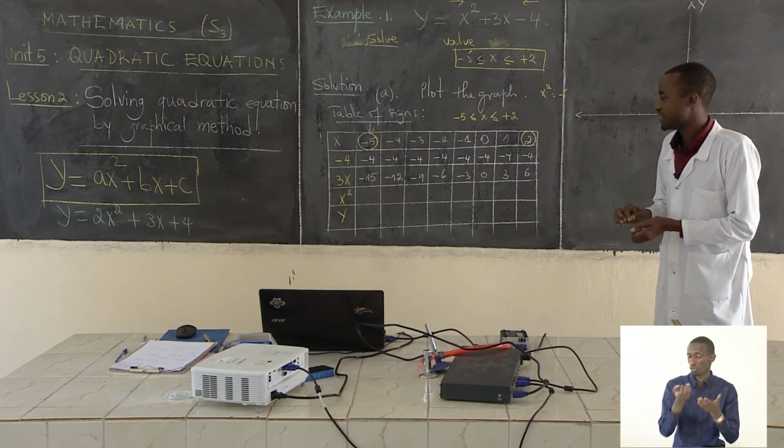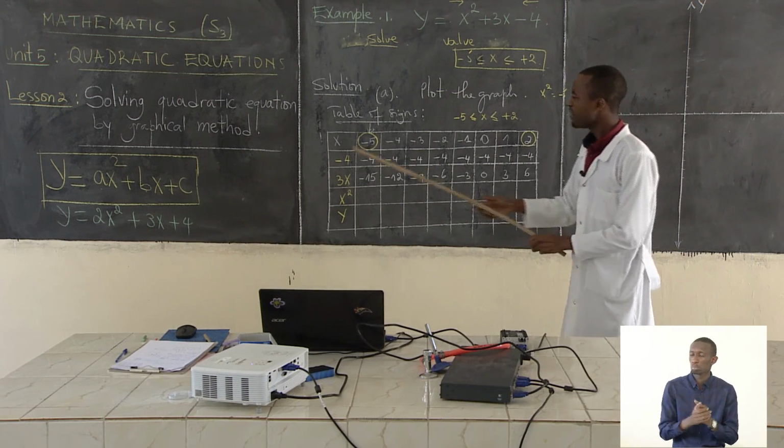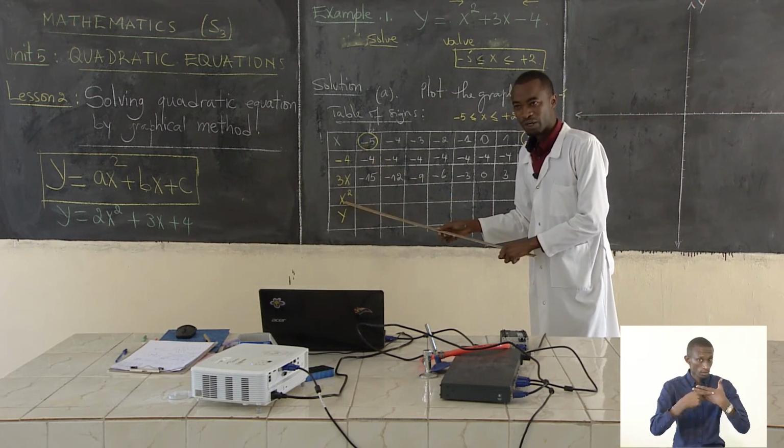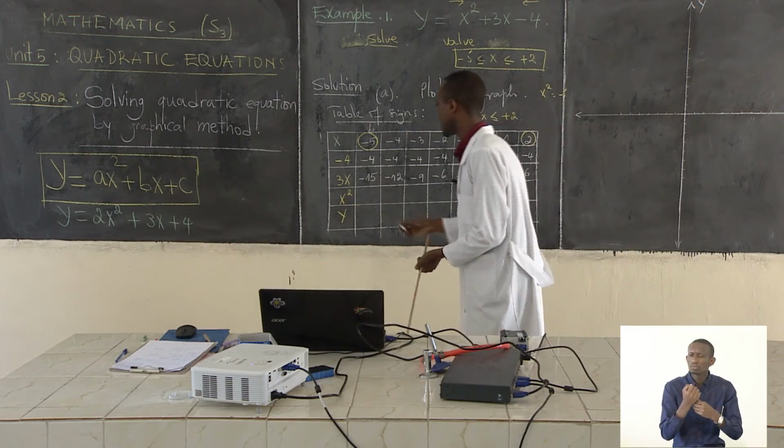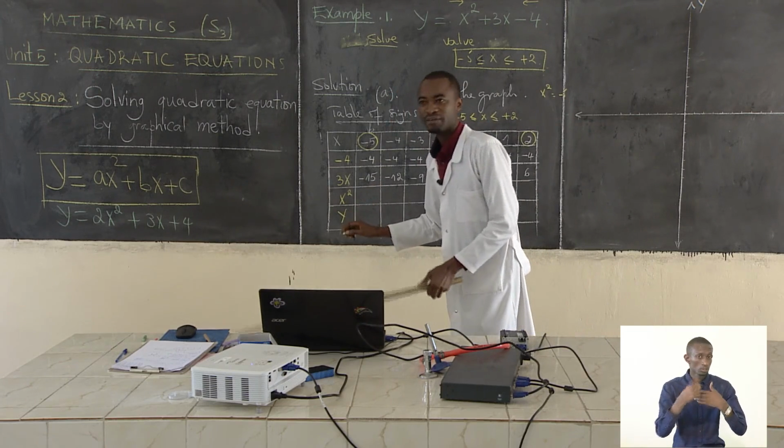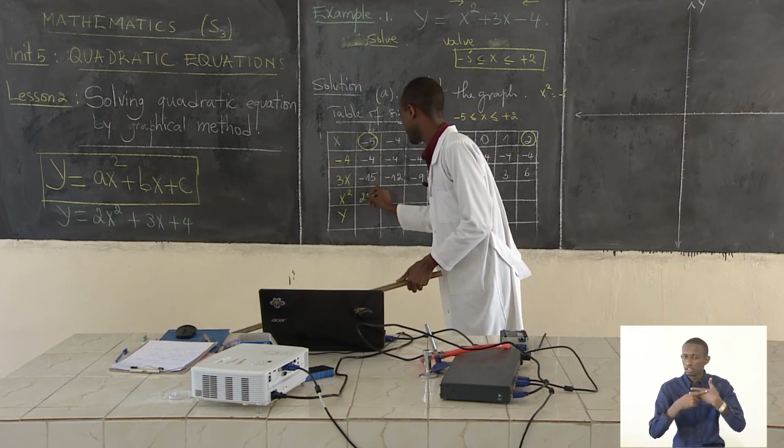Otherwise, you may not be right. So then here, when you have -5 squared, what do we get? It is -5 times -5, and you get 25, because negative and negative gives positive. That is 25 here.